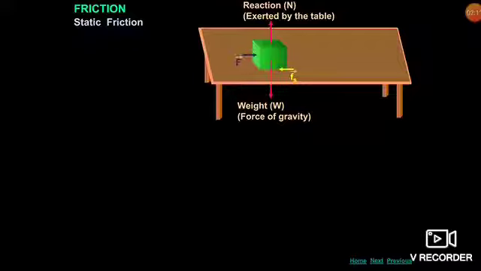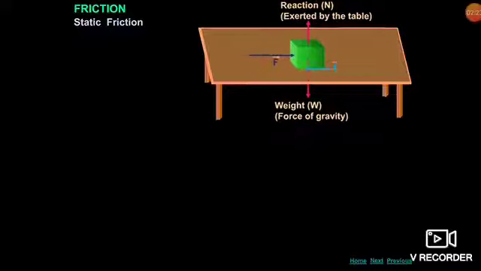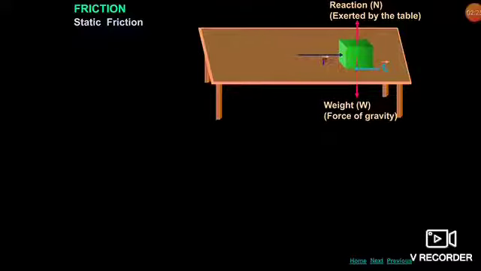So if we apply more force like this, the static friction will also increase accordingly. Now in the third one, we have applied more force, static friction has increased more, but now the applied force is very high compared to static friction. Now the body will move. The force with which the body will move and the friction which will act in this condition is known as kinetic friction.